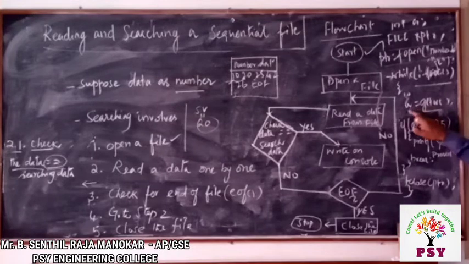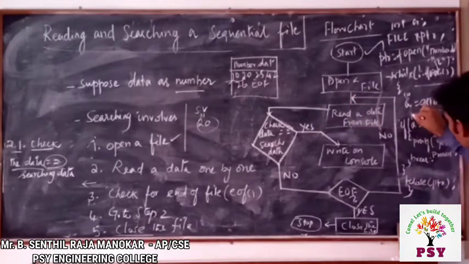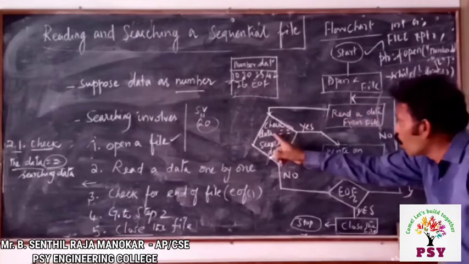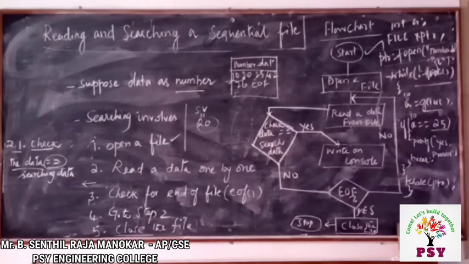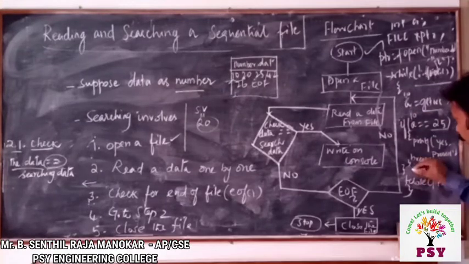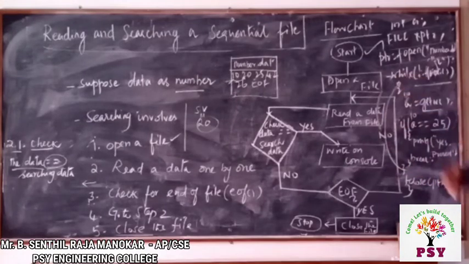Once you read the data from the file, the first value is 10, so A will be 10. That is what I have drawn here, the checking condition. After reading the value, I check whether the value A read from the file is double equal to 25. 10 is not equal to 25, so it goes back to the while condition.